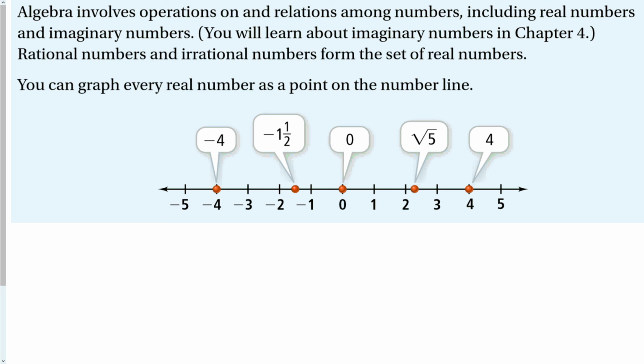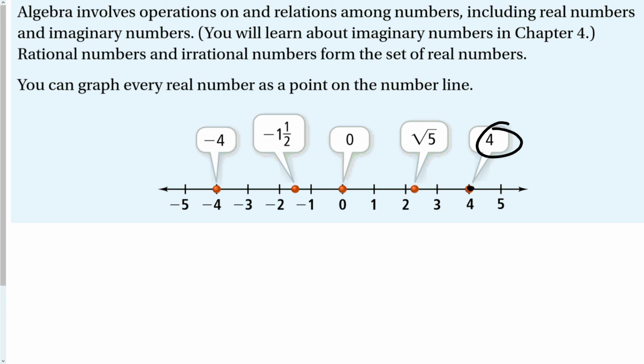So even if you have a nice number like 4, that's clearly right there on the number line. Radical 5 is a little bit harder to figure out, but we can use a calculator to estimate where on the number line it would go. 0 is nice and easy. Negative 1.5, you can eyeball that, and it's halfway between -2 and -1.